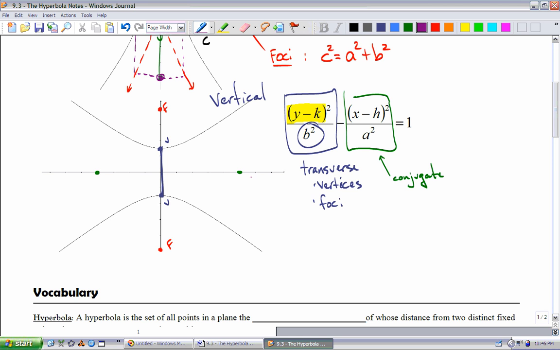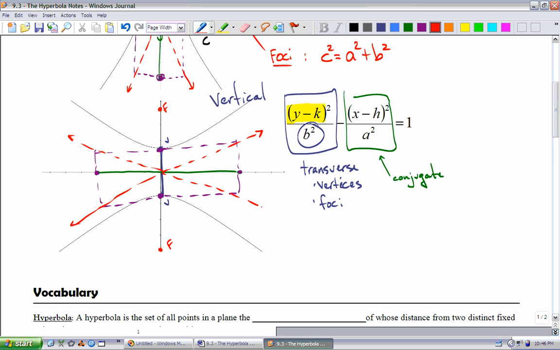And again, we use these points, our conjugate axis, to help us draw in the box for our asymptotes. This will be a little more clear once we go through an example. But just know the conjugate axis, even though it's not on the conic itself, is used to draw in these asymptotes to help us determine, when we go to graph this, the width of our hyperbola.